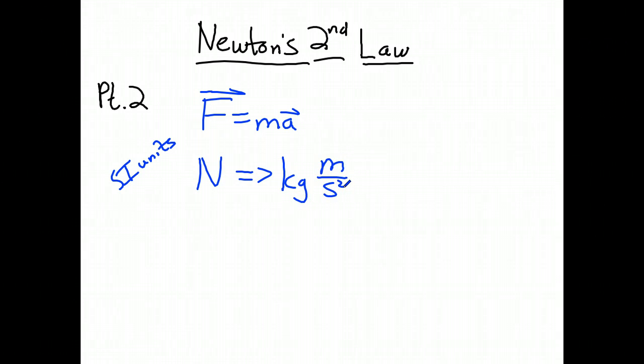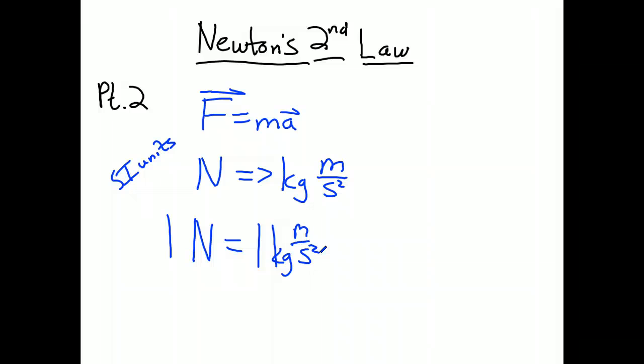So the Newton goes with force, the mass goes with the kilogram, and acceleration is meters per second squared. We can write that as 1 Newton equals 1 kilogram meter per second squared. This is very important because when you do the problems, you want to make sure units cancel out appropriately and correctly. You need to know that the Newton is a kilogram meter per second squared.